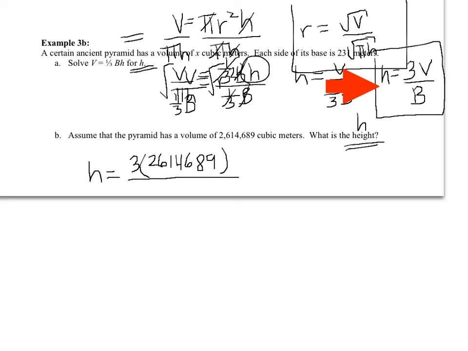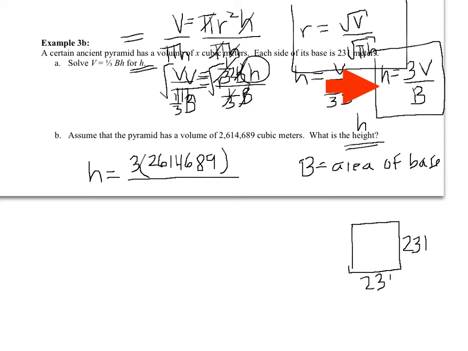divided by, now we need the B. B is the area of the base. Well, for a pyramid, it said each side of the base is 231 meters. So the base of this pyramid is actually a square with each side having a length of 231 meters. So we know that the area of that square is going to be 231 times 231, because the area of a square is side squared.